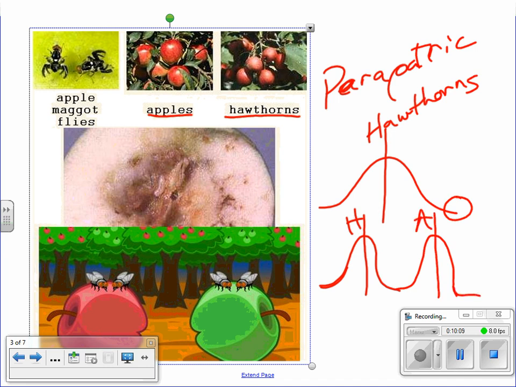And through that creation of a new niche, which is the introduction of apples, you can actually have the diversifying effect of creating another species of fruit flies. So that's just another way to divide species and actually go through a speciation event.